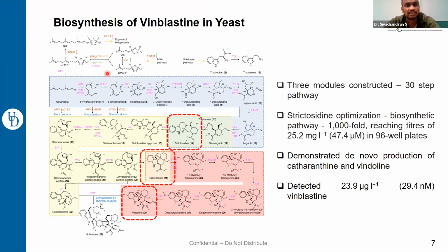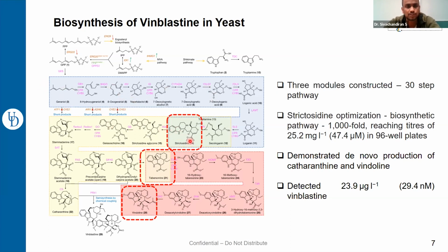And they put all these 30 different biosynthetic steps into 3 different modules. First, they tried to make the strictosidine. Strictosidine is a very famous pathway, and many groups have been trying to produce strictosidine in the yeast. So they designed all its pathway and put it in the yeast.